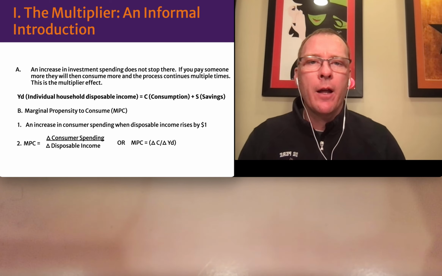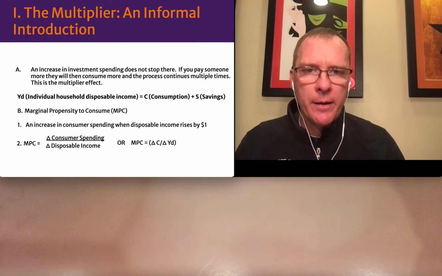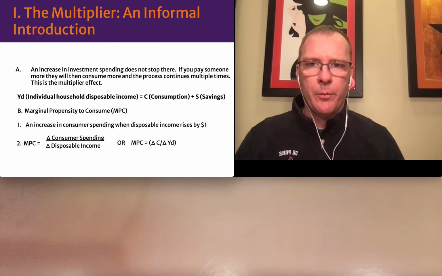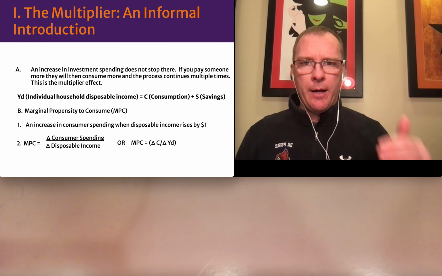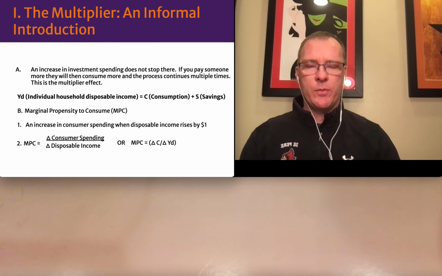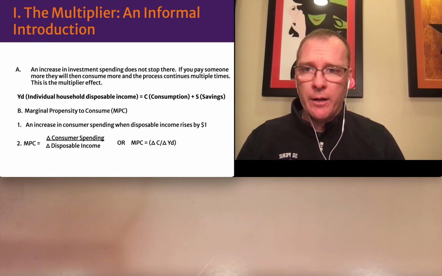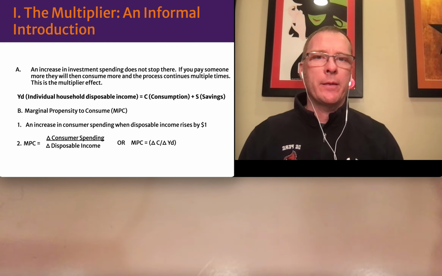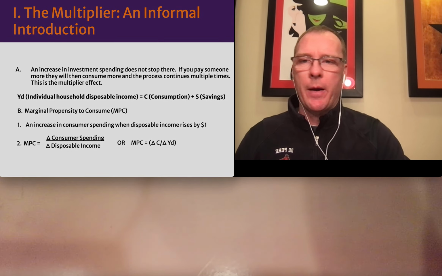And when we do that, we can get what's called the marginal propensity to consume. What is the marginal propensity to consume? It's simply the change in consumer spending divided by the change in disposable income. So the marginal propensity to consume is going to tell us how much you're going to spend.